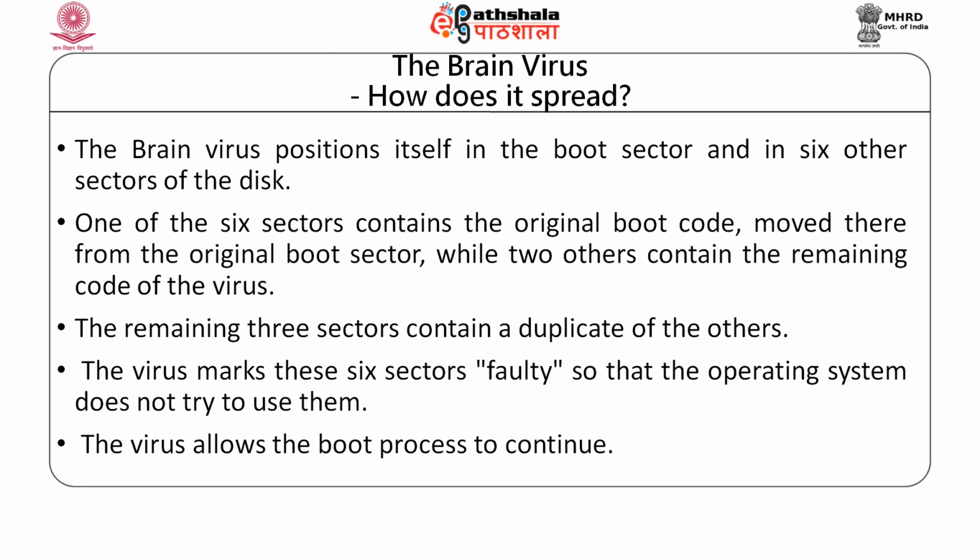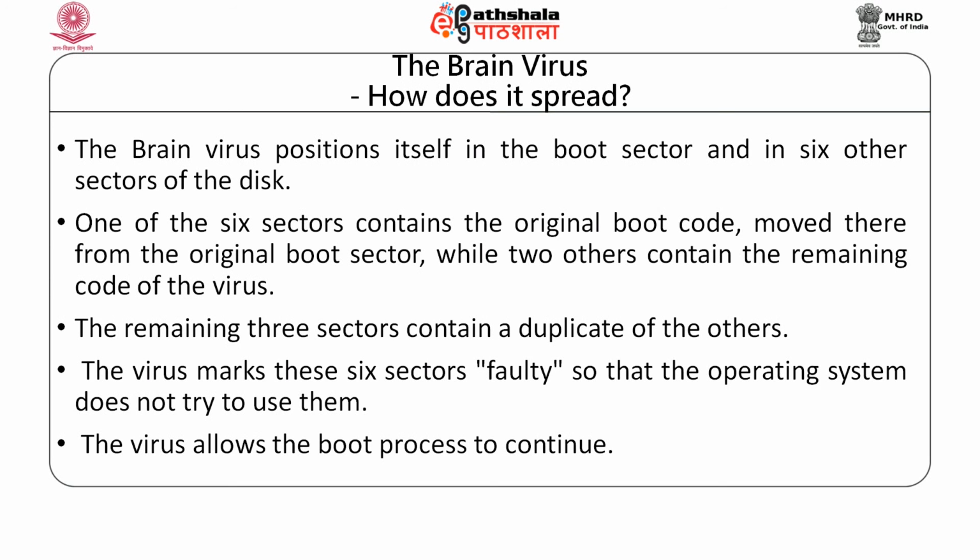The brain virus positions itself in the boot sector and in 6 other sectors of the disk. So, all in all, there are 6 sectors which are infected. One of the 6 sectors contains the original boot code. I hope the flow of the virus is clear. The brain virus sits in the boot sector.